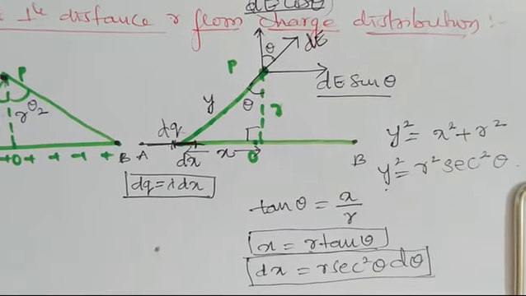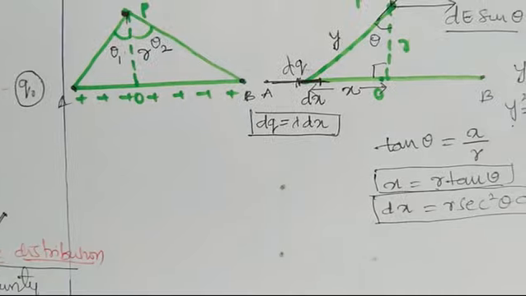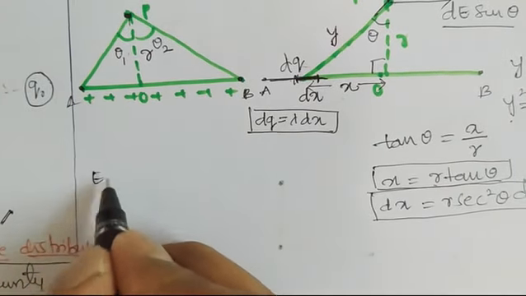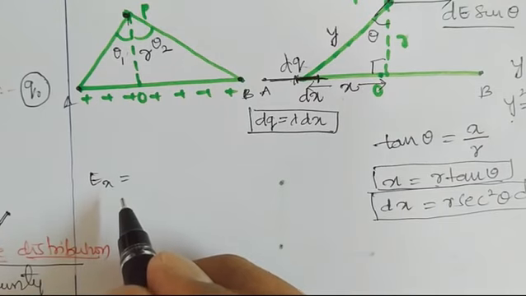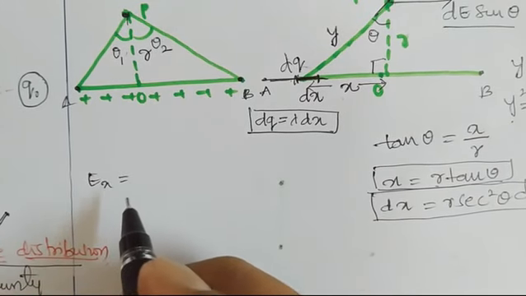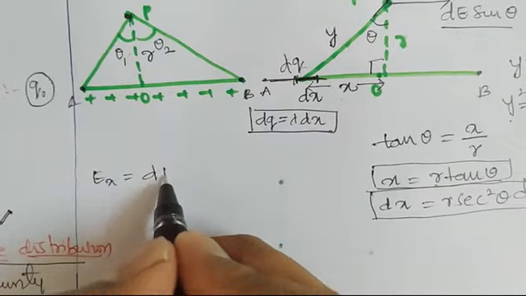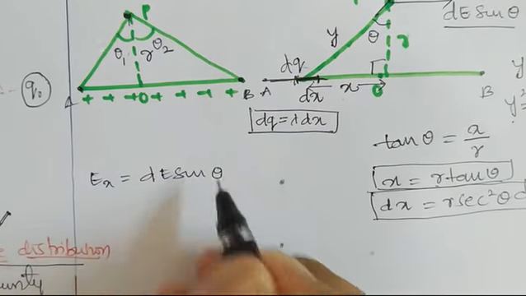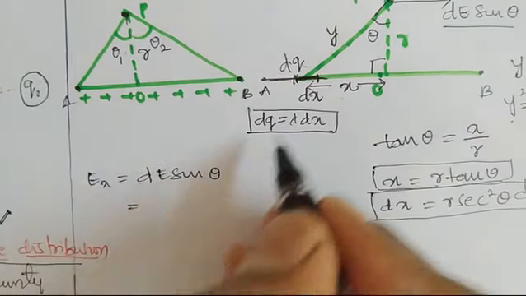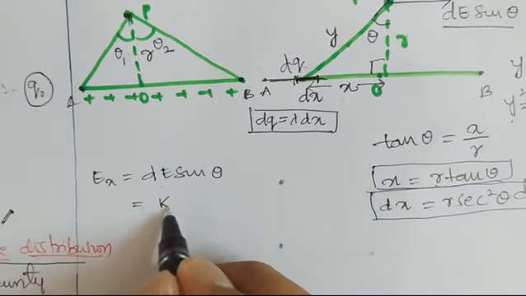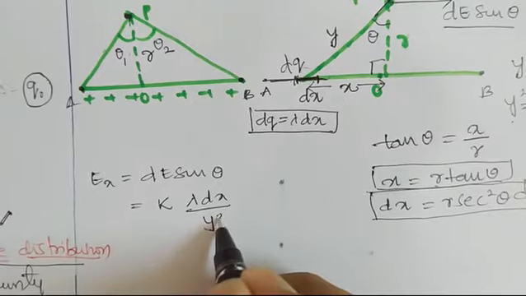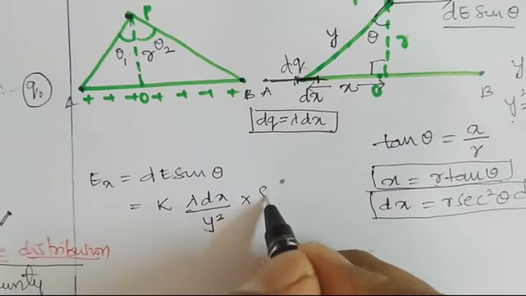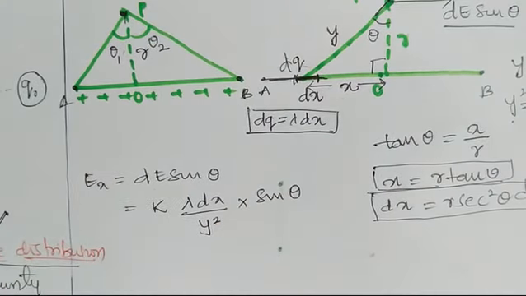Now see, the horizontal component, Ex, is equal to dE sine theta. The electric field due to this small charge can be written as K lambda dx divided by y square into sine theta, right?